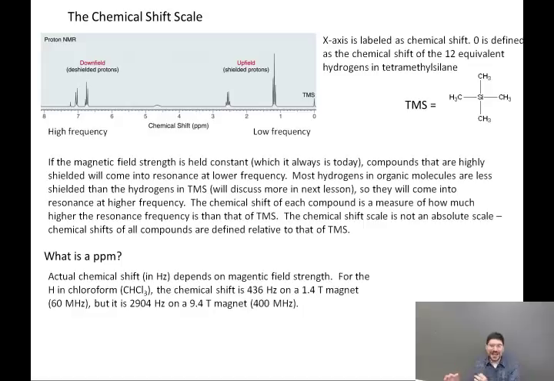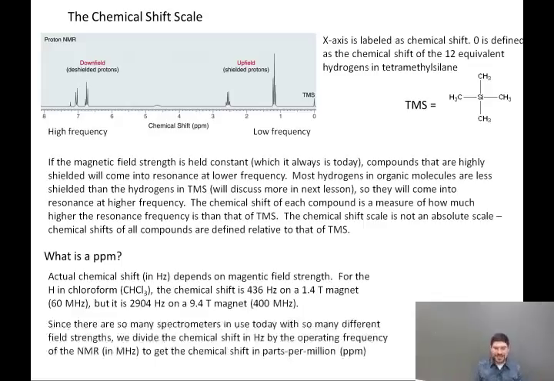If you move to the next lab and take the same NMR spectrum on a stronger magnet, a 9.4 Tesla magnet, which corresponds to an operating frequency of 400 megahertz, then suddenly the peak comes at 2,904 hertz. Well, this is a bit of a pain in the neck, because there are so many spectrometers in use today with so many different field strengths.